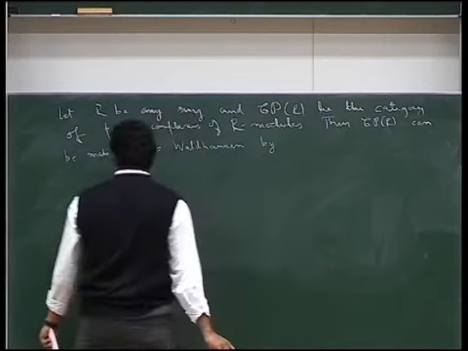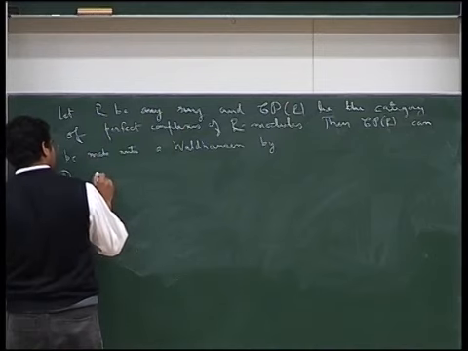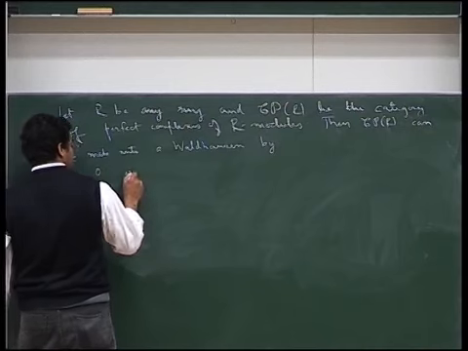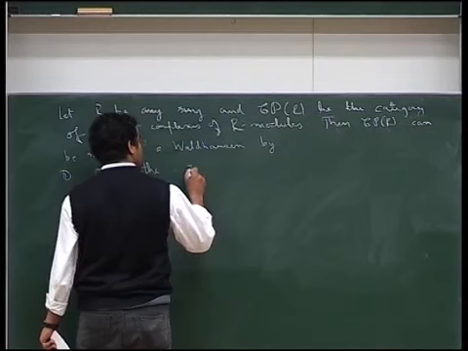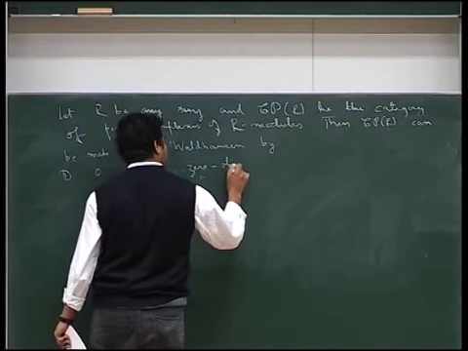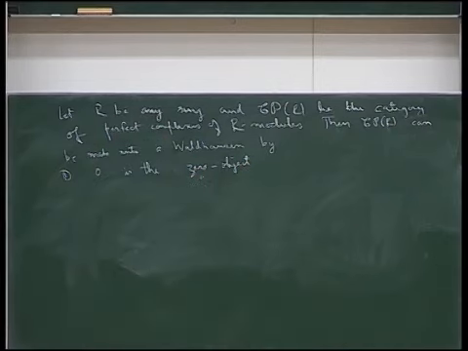For a Waldhausen category we need three things. First, a zero object: just take the complex of all zeros, so that's the zero object.